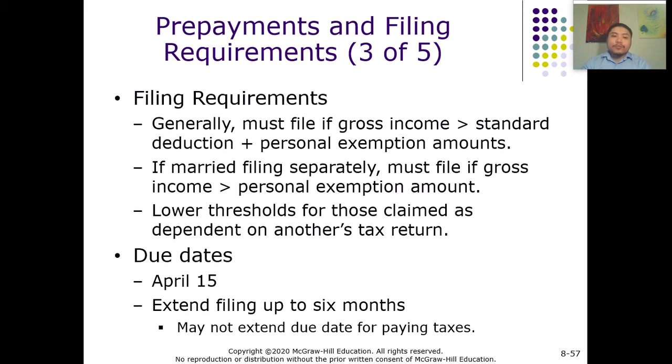So in terms of due dates for tax filing for individual taxpayers, the deadline is April 15th, and if taxpayers choose to have an extension, then they can extend the tax filing by 6 months.